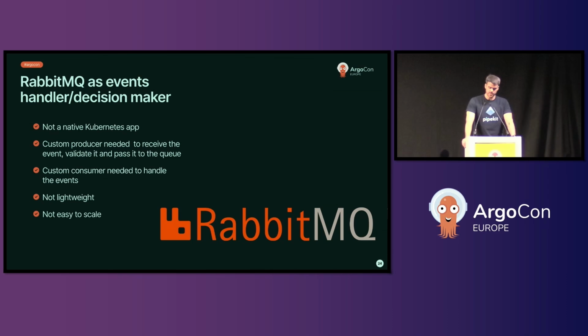Also, RabbitMQ is a basic message broker. You would need to create a producer that receives this event, validate this event, and pass it to RabbitMQ. After that, you would need a custom consumer that would get that event and trigger the action. If you need to add multiple event sources, you would need to add additional code for each. And at the end, RabbitMQ is not easy to scale, and it's not lightweight.